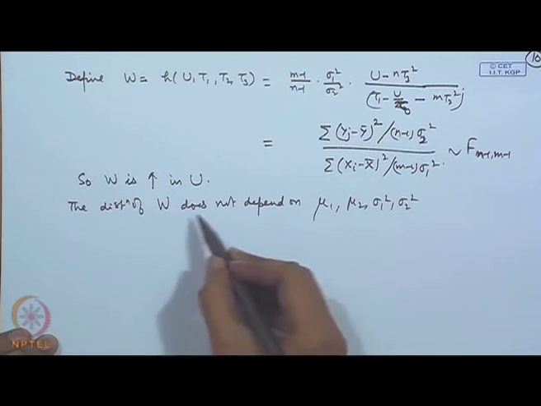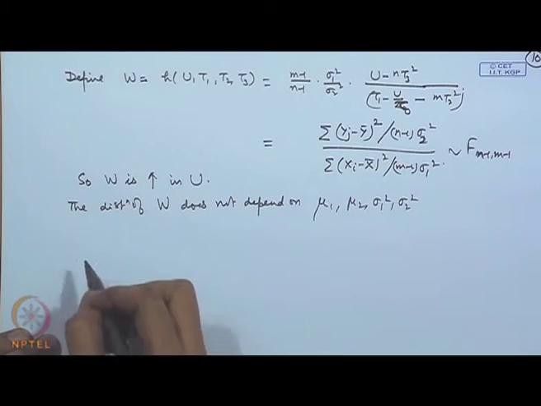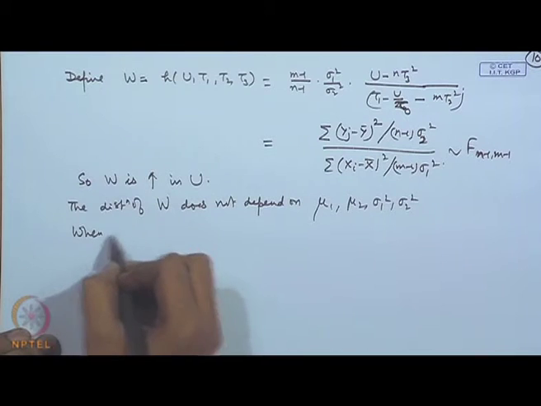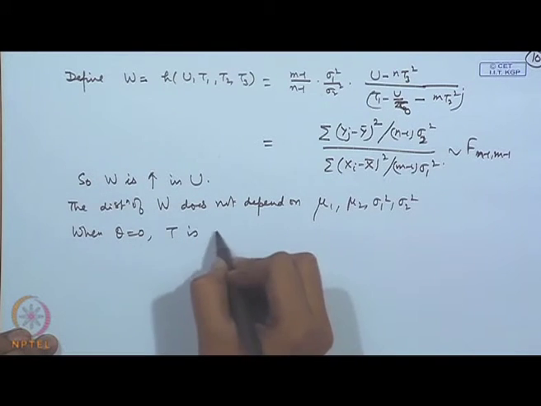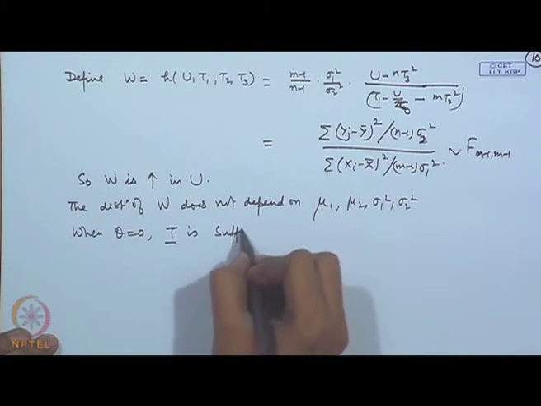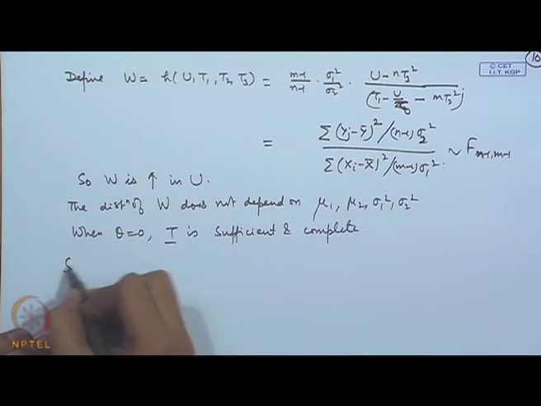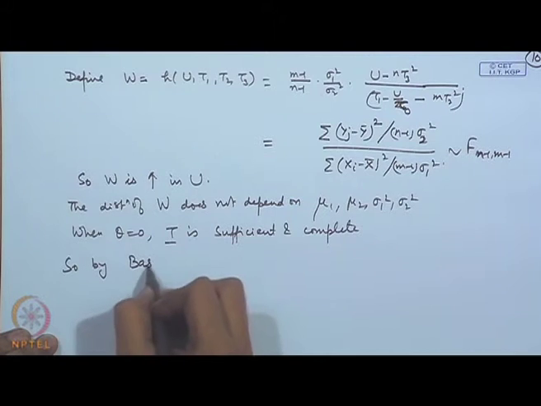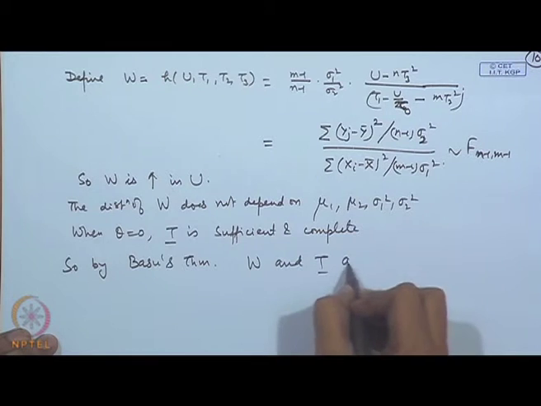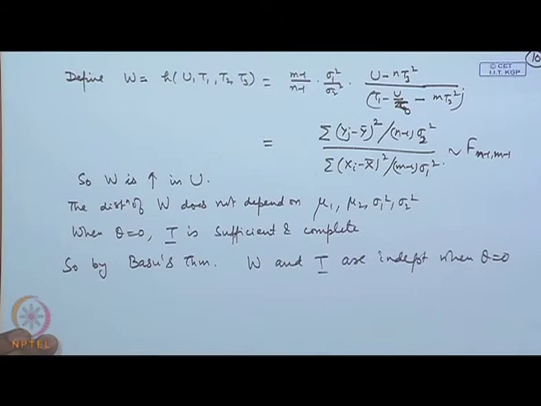So, since the distribution of w does not depend upon the parameters, and when theta is equal to 0, T, that is T 1, T 2, T 3, is sufficient and complete, by an application of Basu's theorem, w and T are independent when theta is equal to 0.